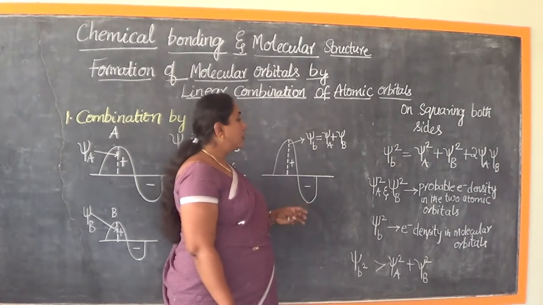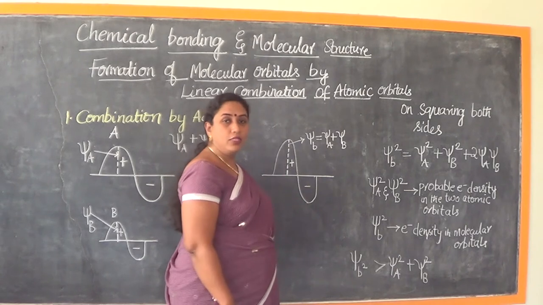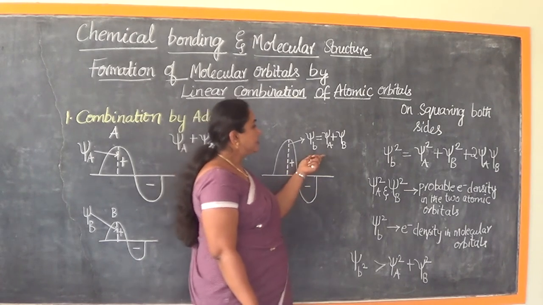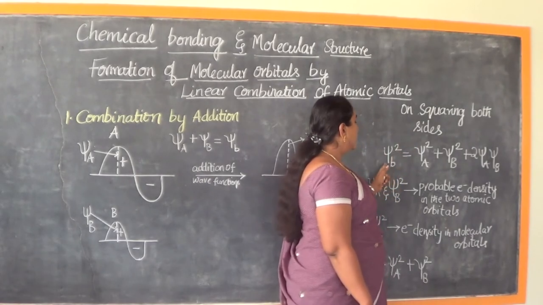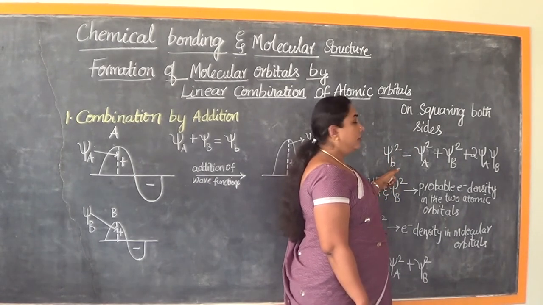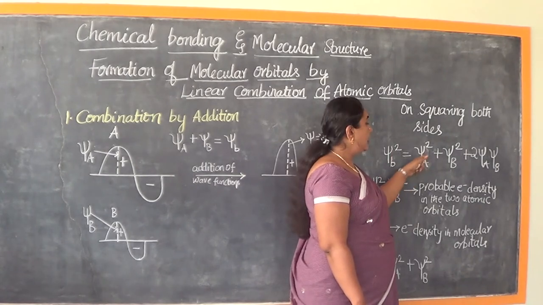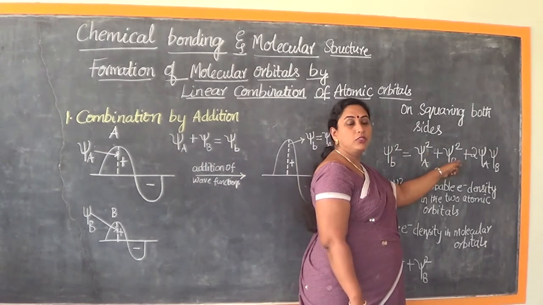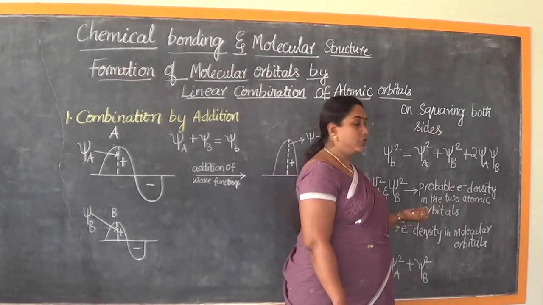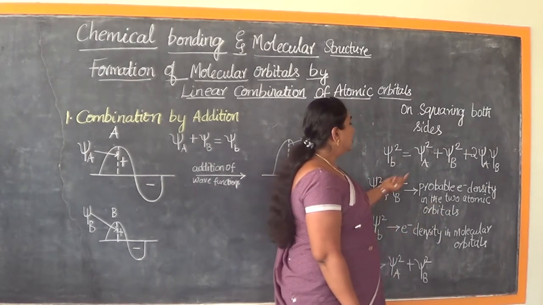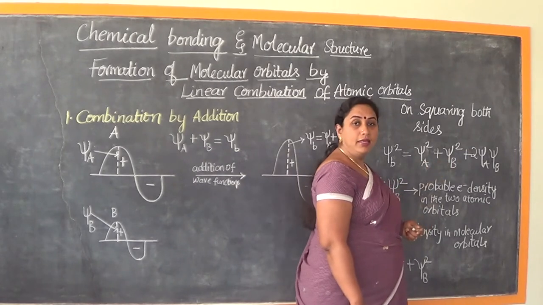Now let us do some mathematical calculation for this particular equation. On squaring both sides, what are we going to get? Psi b squared will be equal to psi A squared plus psi B squared plus 2 psi A psi B. It is like the equation (a plus b) whole squared. Now what does each of these terms indicate?